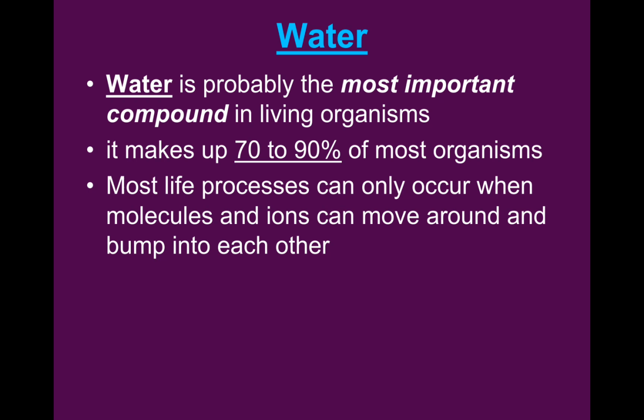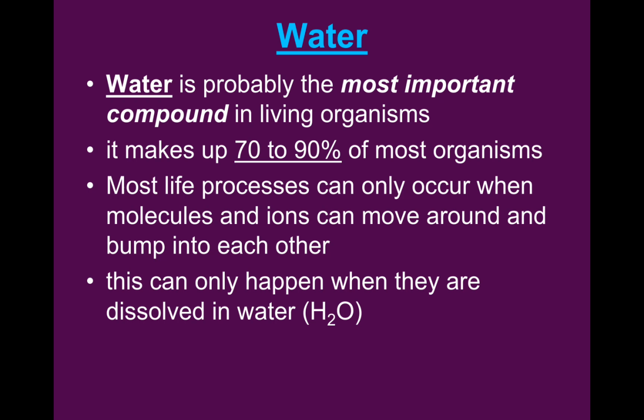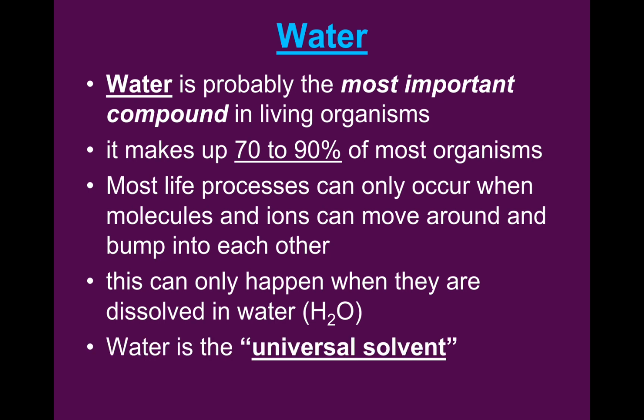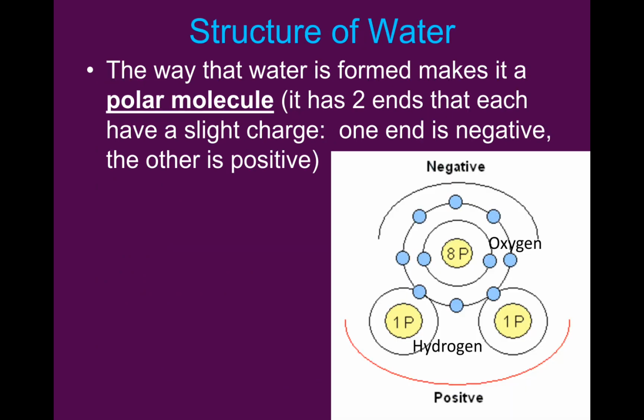Well, your blood, because it's liquid, is mostly water. So those vitamins, those minerals, those nutrients, they can only move around when they're dissolved in water. So we know water as the universal solvent. Okay, water is the universal solvent because it will break down just about anything if you give it enough time.